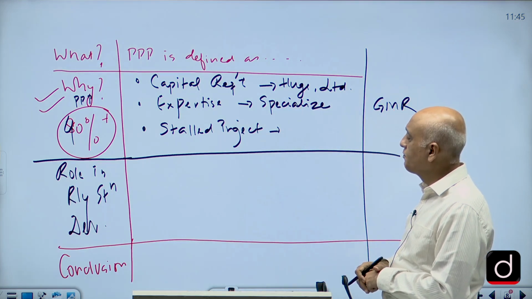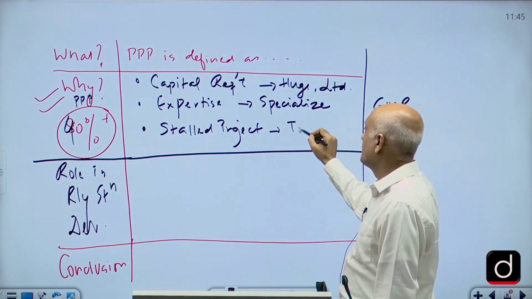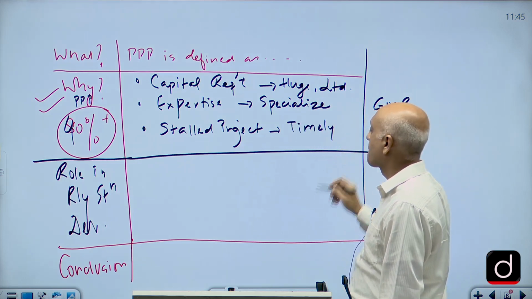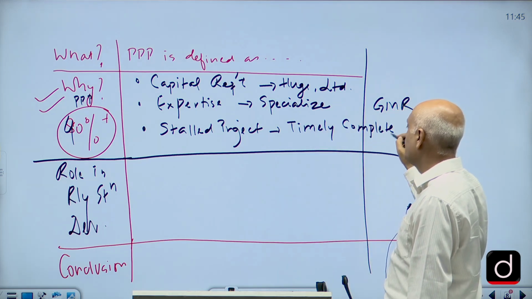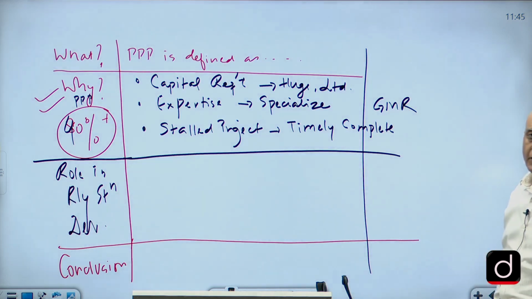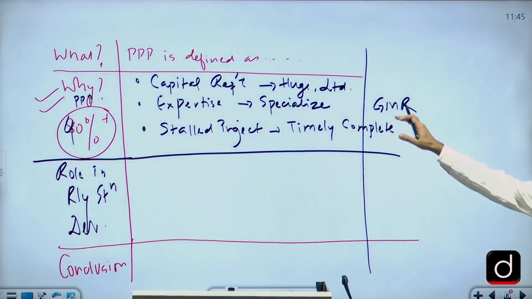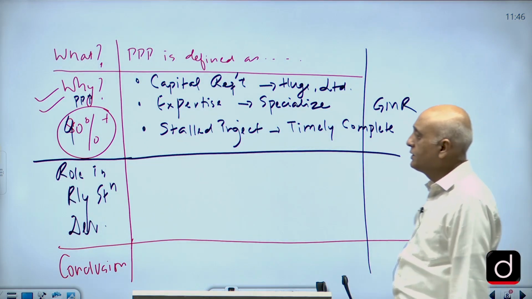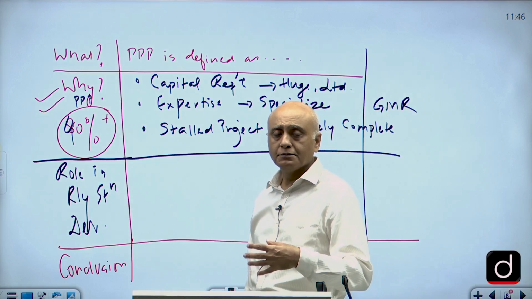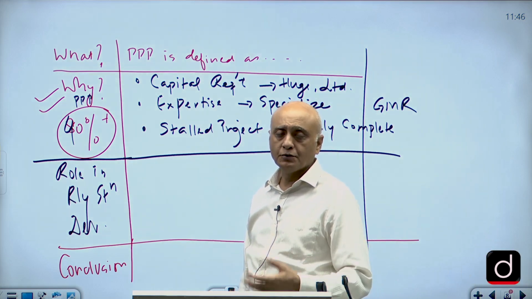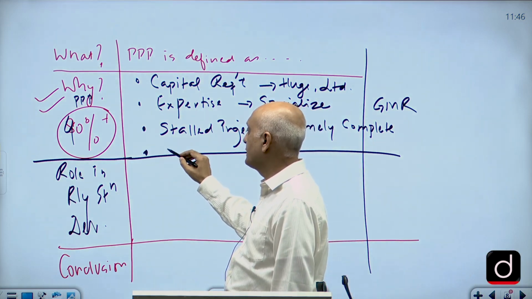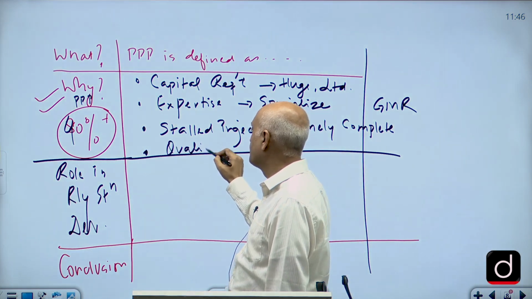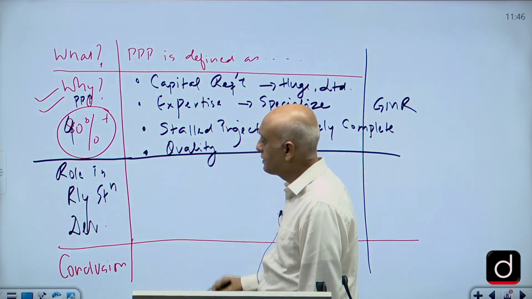So this problem can be solved only by timely completion, and when you are giving responsibility to the private sector, you must devise some way to audit all that so that it can be timely completed by the private sector. This is another reason why, by asking a private company for infrastructure like an airport or railway station, you will have a quick disposal. And then we have the quality constraint.